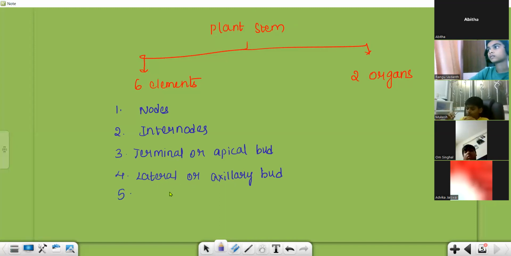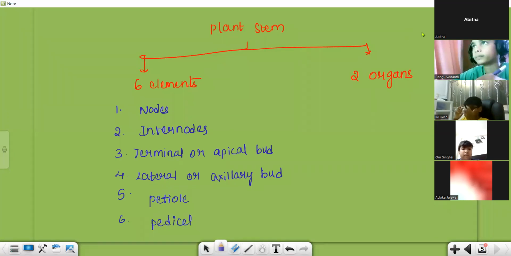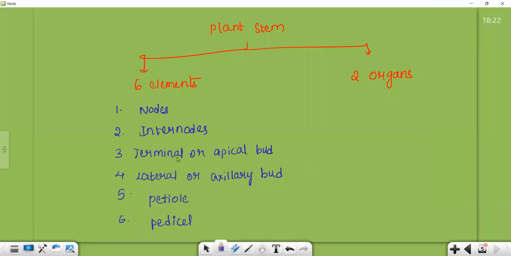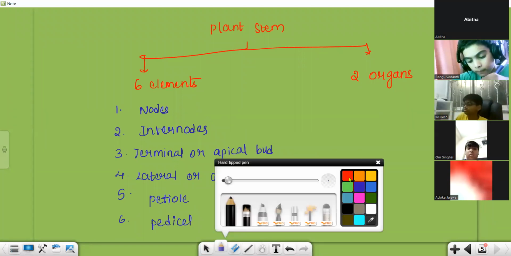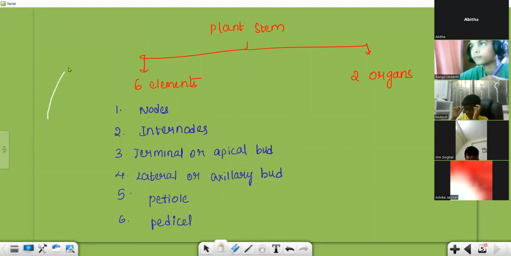Next, petiole. 6th is pedicel. Have you heard the terms, students, petiole and pedicel? We have discussed terminal and axillary bud earlier, right? Now, if I take a leaf, so this is a leaf, right?